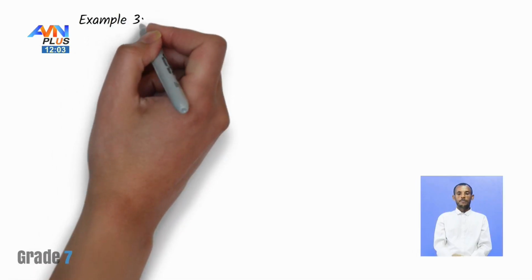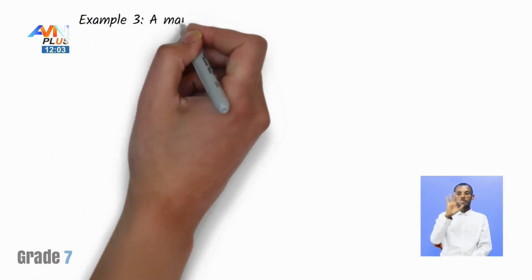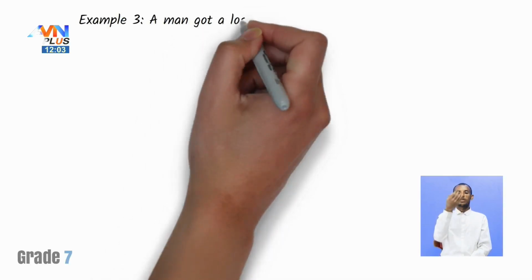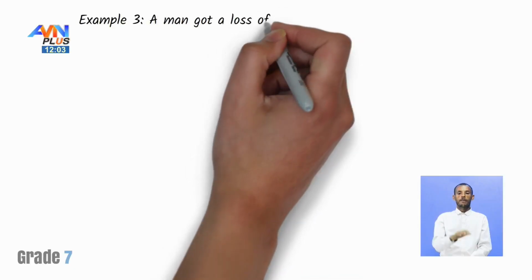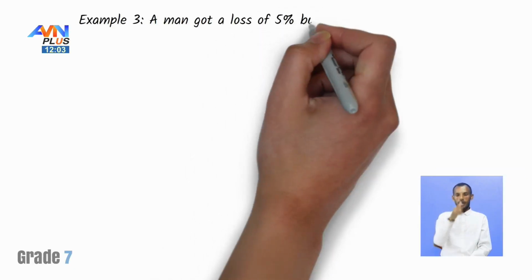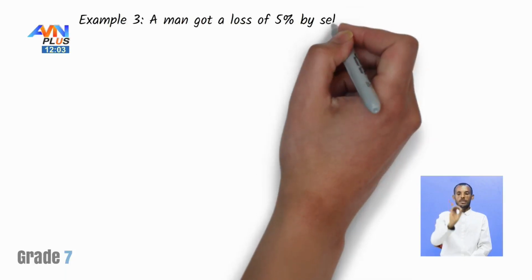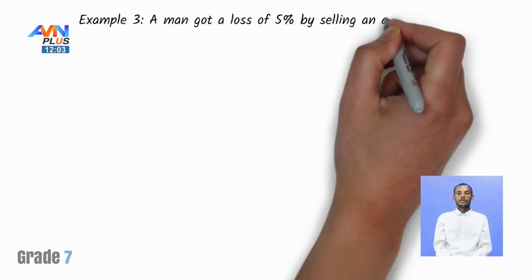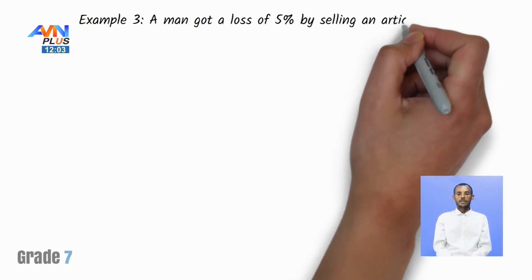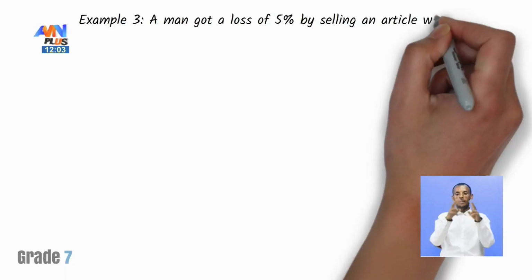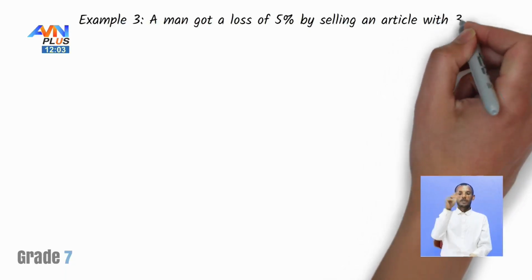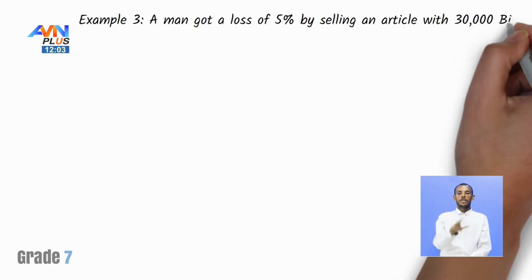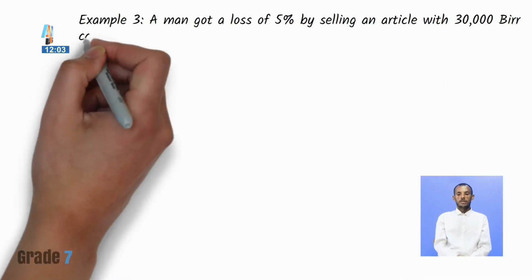A man got a loss of 5% by selling an article with 30,000 birr.